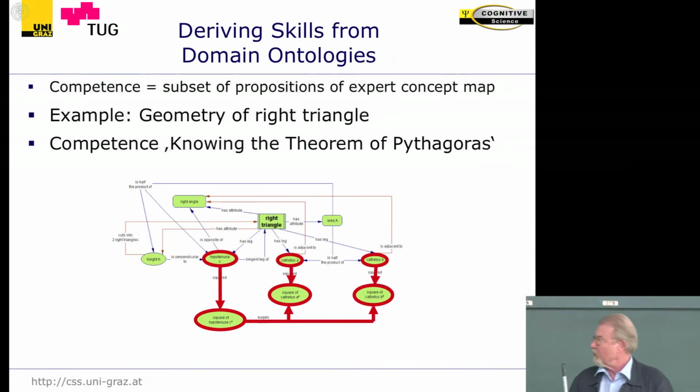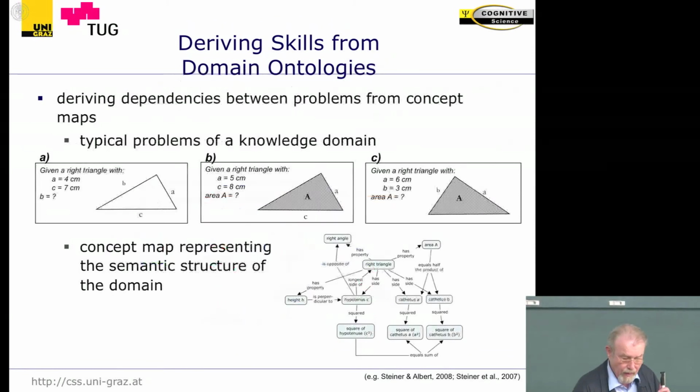And if you go into detail, which are the concepts which are involved and which are the propositions which are involved in the theorem of Pythagoras, you easily can see that this is the concept map for the competence knowing the theorem of Pythagoras, which is declarative knowledge or concept knowledge. So by this you can define the elementary competencies.